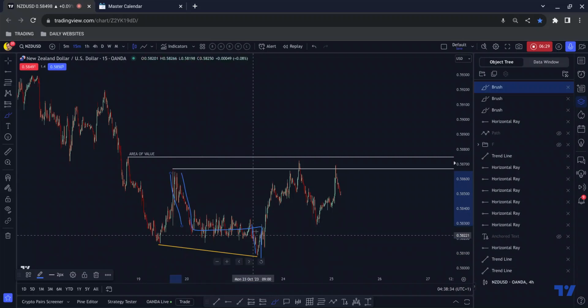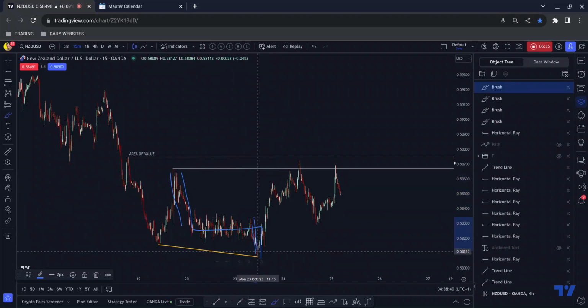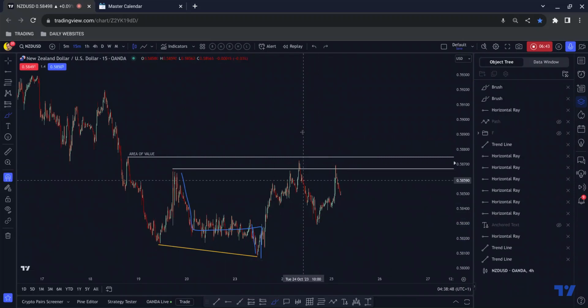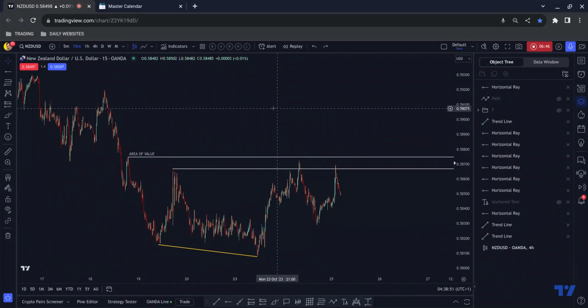And normally the continuation out of an impulse correction continuation, so this leg here, would be of a similar length to this, giving a clue that potentially this overall move is not a completed piece of structure.